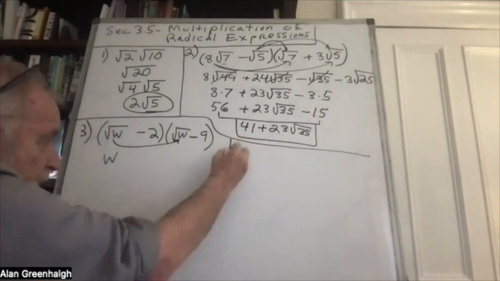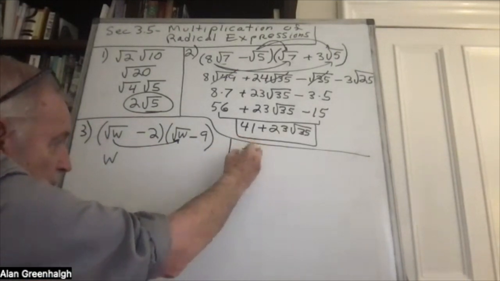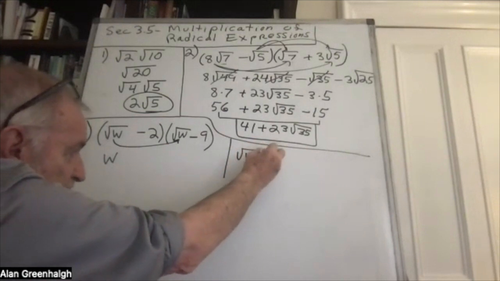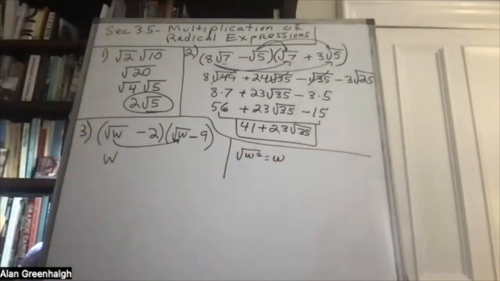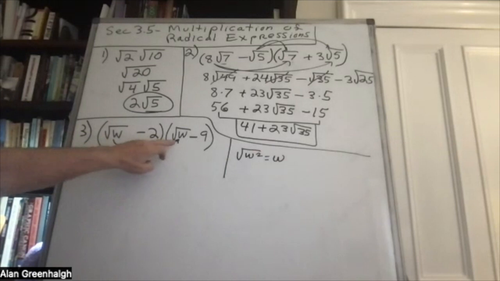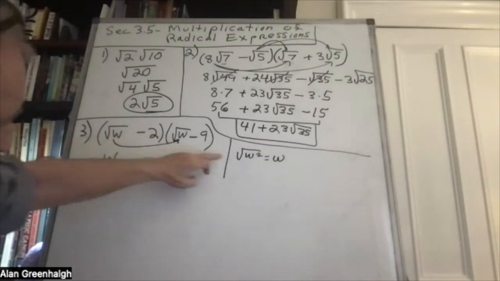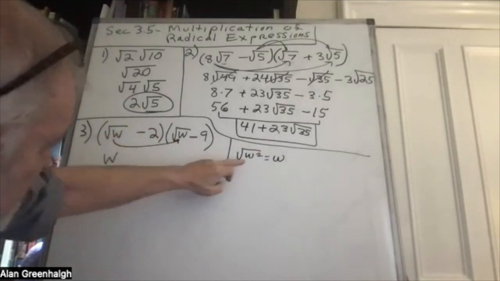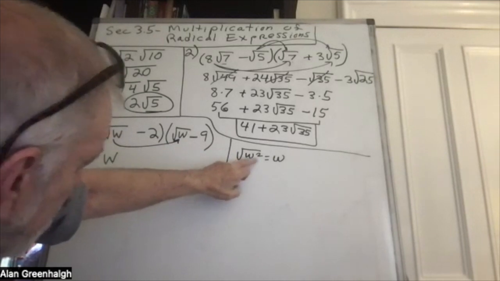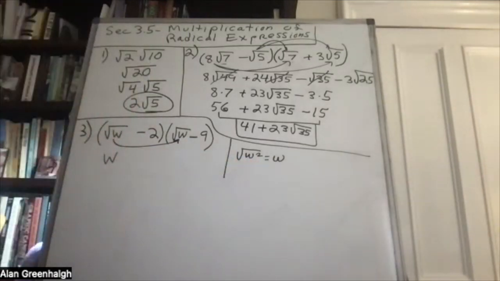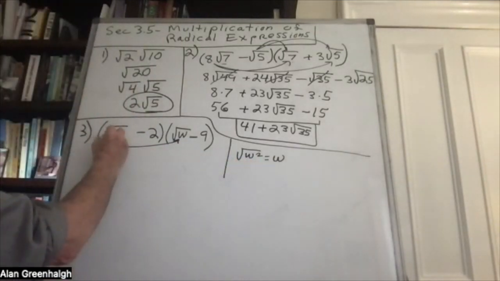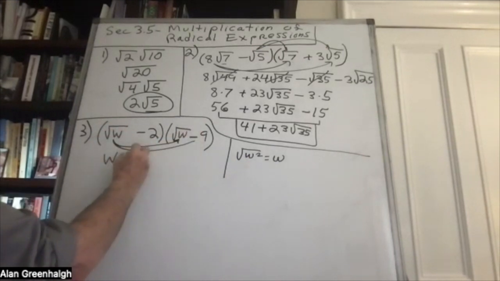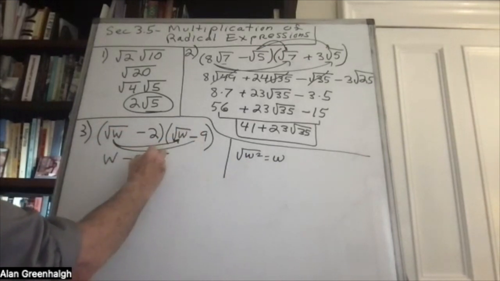You want to call it a theorem. The square root of W squared is going to be equal to W. That's what's going on here. The square root of W times the square root of W gives you the square root of W squared, which is equal to W. And then negative 9 times the square root of W.